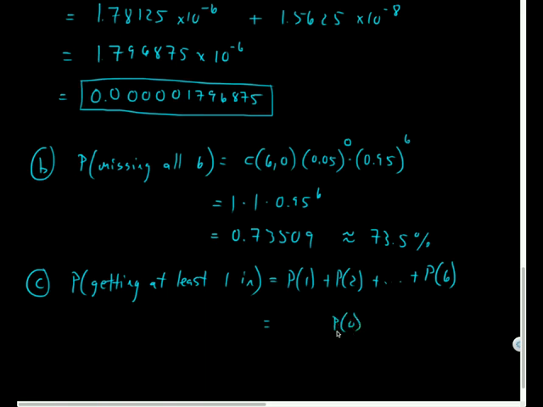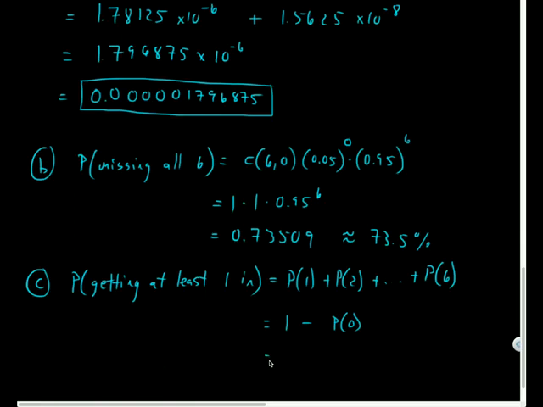And this plus all of these is going to be 1, right? All possible cases, right? Getting no shots, 1 shot, 2, 3, 4, 5, 6 shots. That's all possible cases represented. I already know this, and if I want the complement, I could just do 1 minus the probability of 0, right? And that would give me the opposite situation of this.